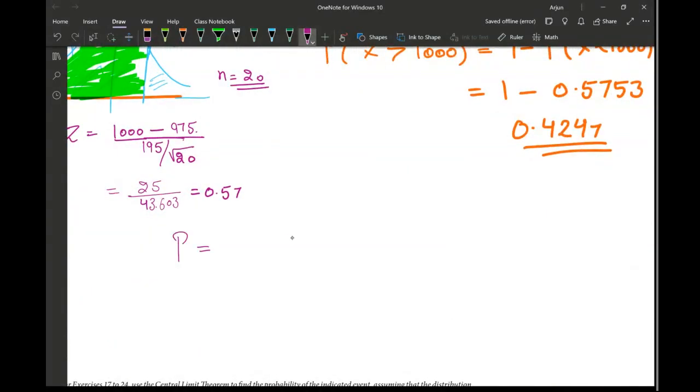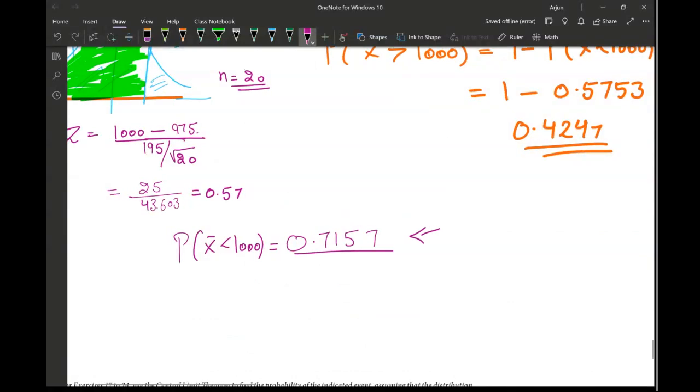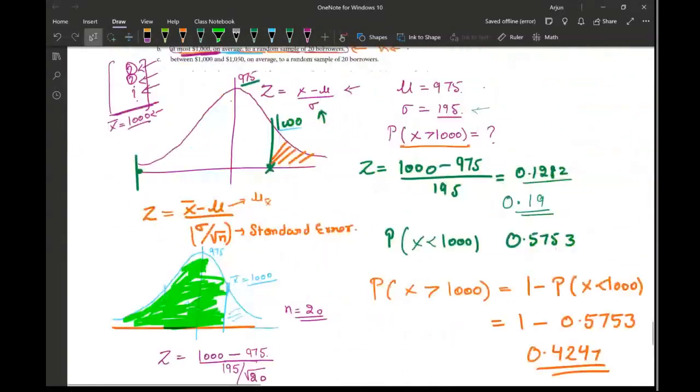So the probability value is 0.7157. This is the probability of x bar less than 1000, equal to this much. That's how you're going to solve this part B.